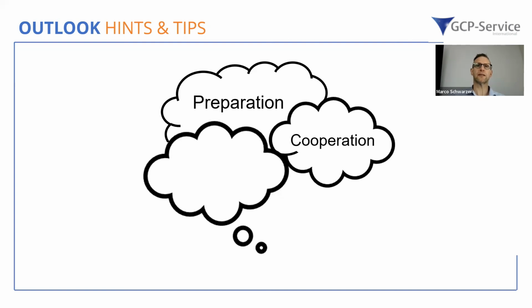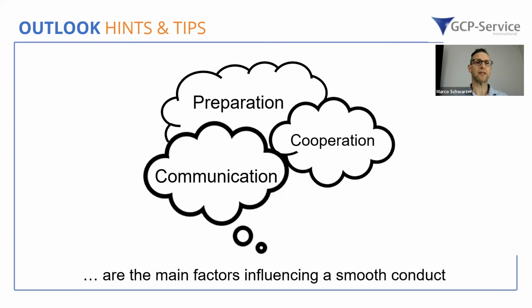Next to it, the cooperation with all the involved parties and the communication. These three topics have the main impact and are the main factors influencing the smooth conduct of an audit, especially when we are speaking about remote audits.